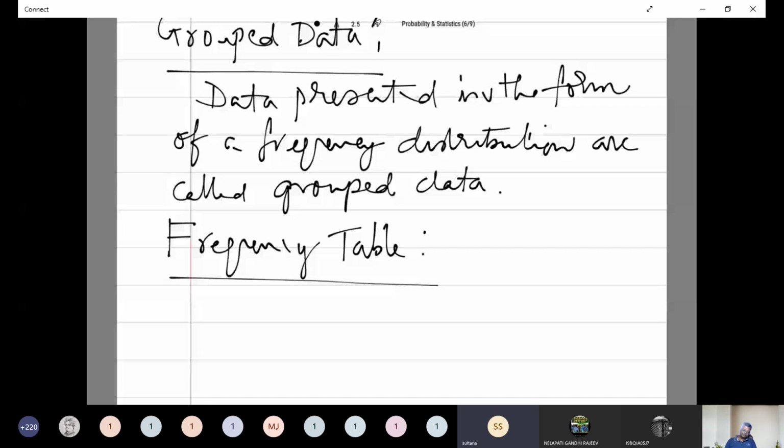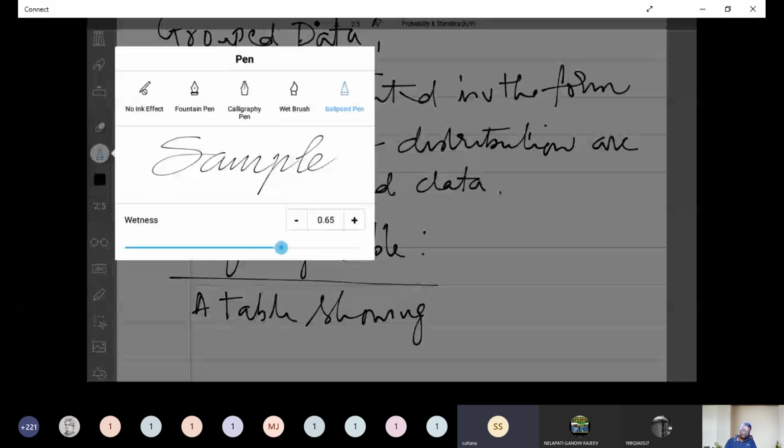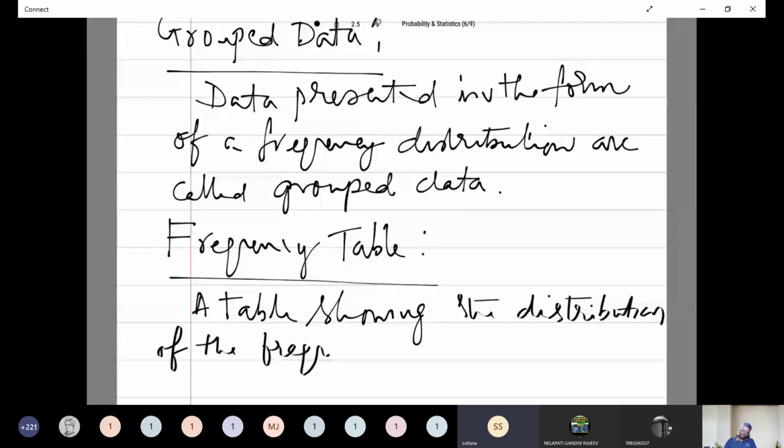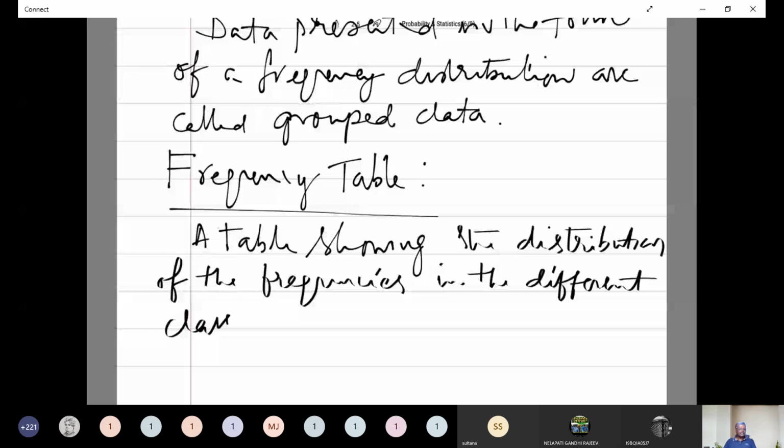A table showing the distribution of the frequencies in the different classes is called a frequency table.